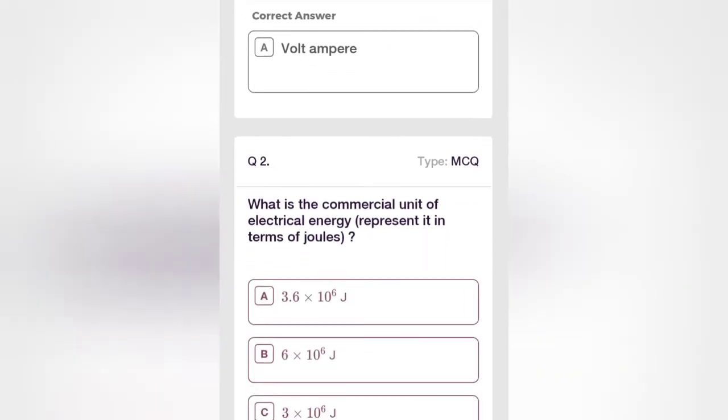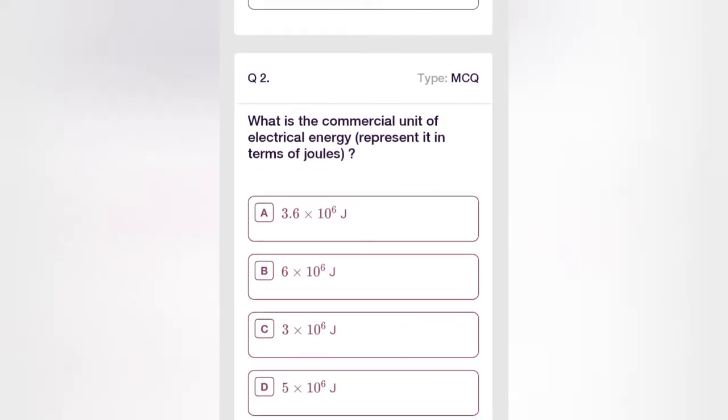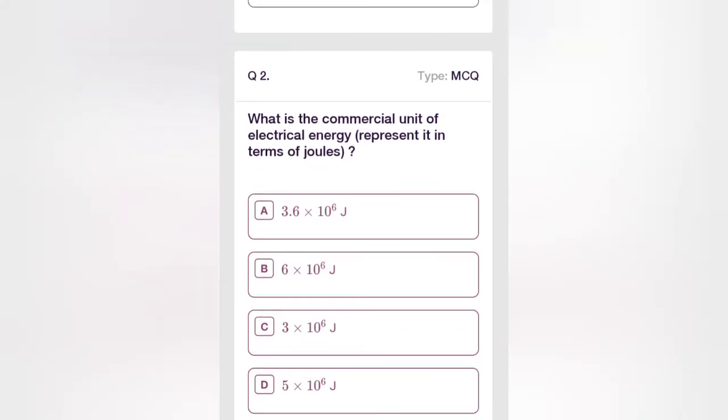Second question. What is the commercial unit of electrical energy? Represent it in terms of joules. See, the commercial unit of energy is kilowatt hour.